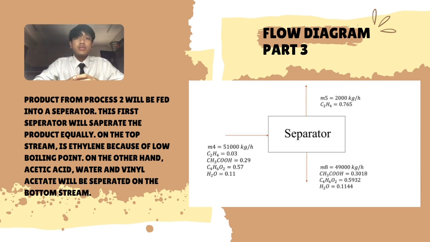What goes to the bottom stream is the high boiling points such as water, acetic acid, and vinyl acetate with a mass flow rate of 49,000 kg per hour. We get the mass fractions: for acetic acid 0.3018, for vinyl acetate, the product, 0.5932, and for water 0.1144.